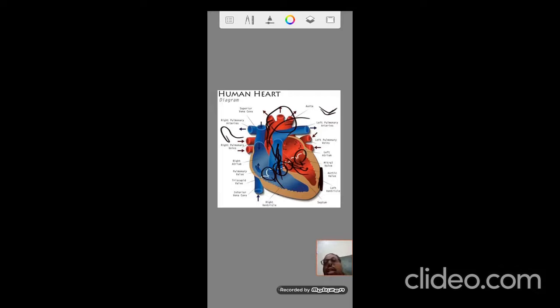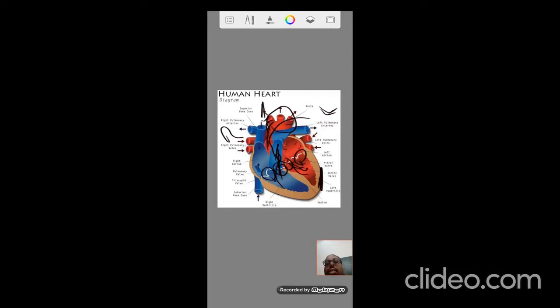One more thing I forgot. Whenever the blood is coming to the right part, that is the right atrium side, the blood is not coming in a single way. The deoxygenated blood from the upper part of the body will be brought by the superior vena cava.